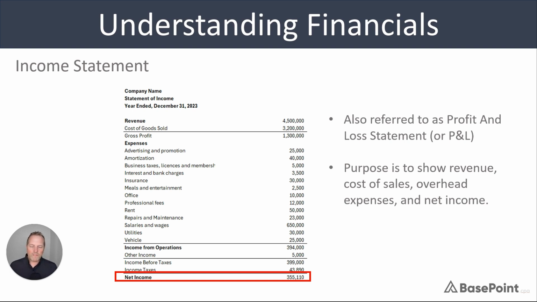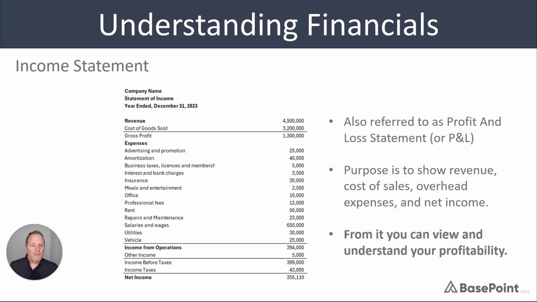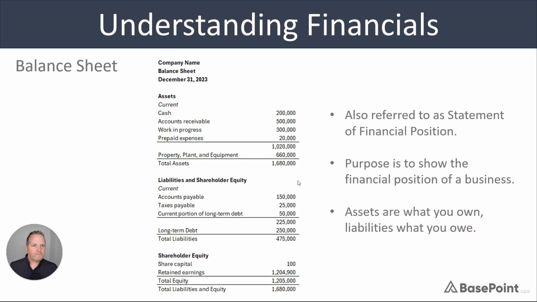How much profit after selling all the goods and services, paying for the delivery of those goods and services, paying for all the operating expenses of the company to keep the company going, having any kind of other income coming in, and then paying all the taxes. What is the net income at the end of the day?